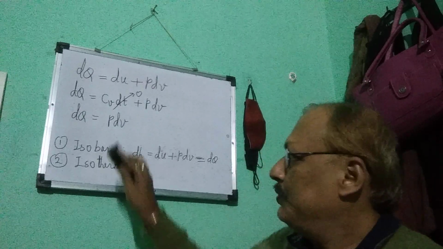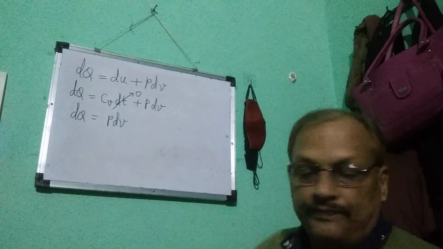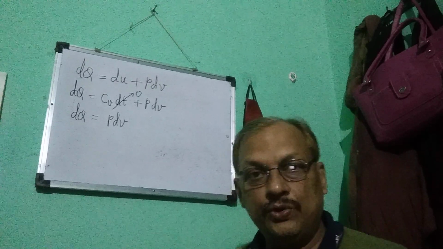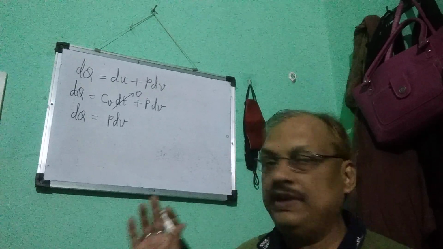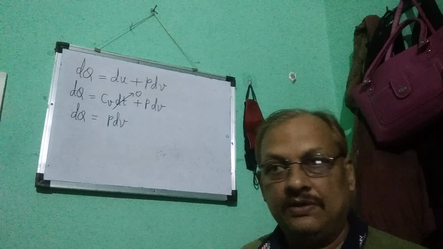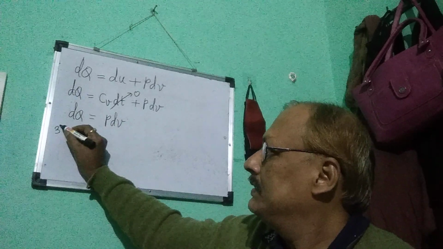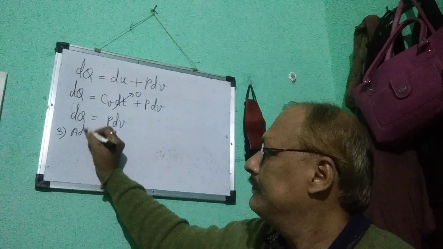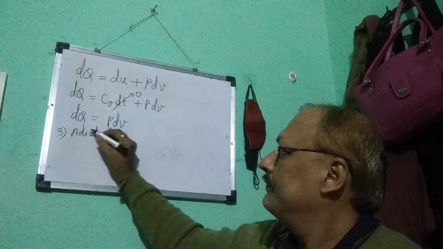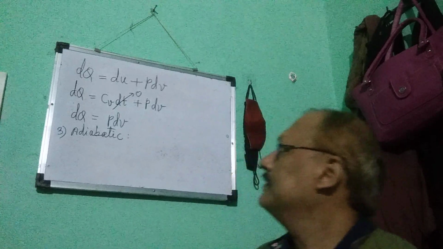Next, the adiabatic process. The objective of this video is to get you familiar with various processes and to discuss them by the first law of thermodynamics and solve problems. Third is adiabatic. Adiabatic means heat transfer is 0, no heat transfer.